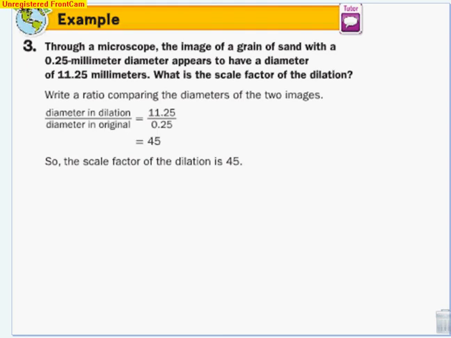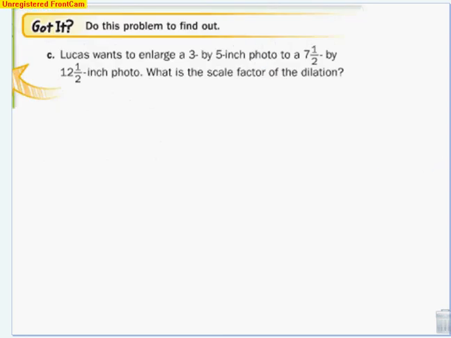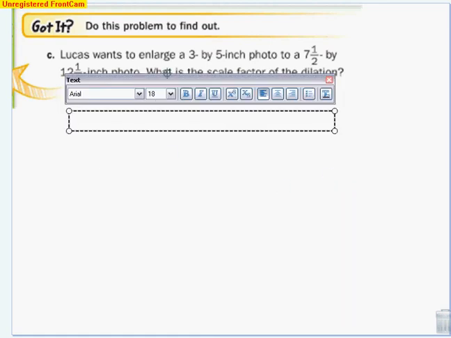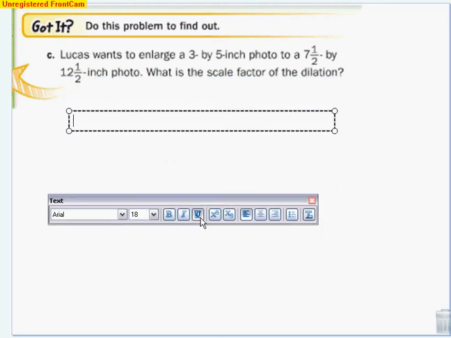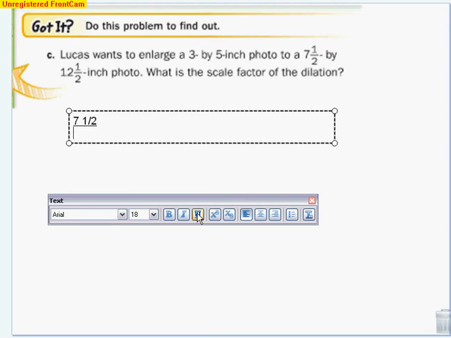Go ahead and turn the page. Lucas wants to enlarge a 3 by 5 inch photo to a 7.5 by 12.5 inch photo. What is the scale factor of the dilation? First thing we're going to do is take 7.5 and divide it by 3.